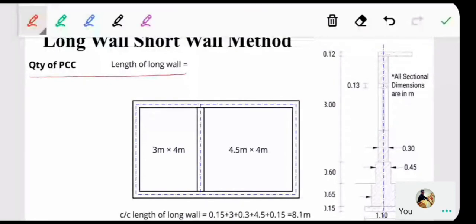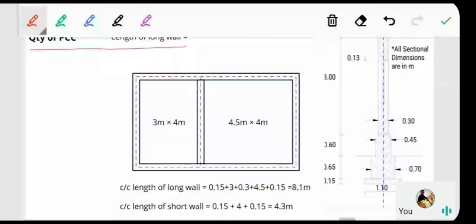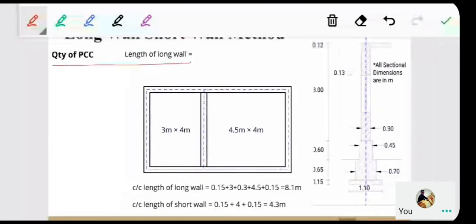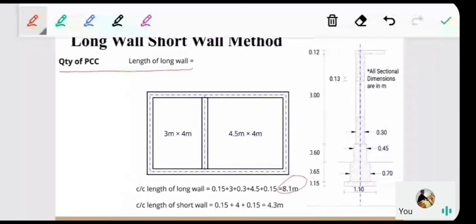We have already calculated the center to center line length of the long wall, that is 8.1 meter, and of the short wall, that is 4.3 meter.